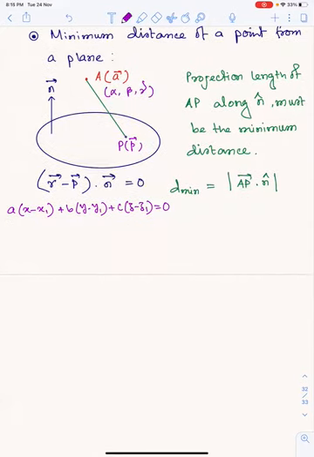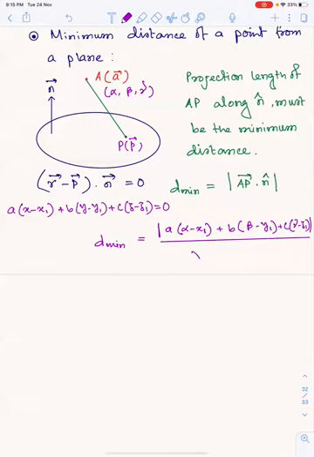So as per this description, we will have the minimum distance equal to modulus of a into alpha minus x1 plus b into beta minus y1 plus c into gamma minus z1, divided by root over a square plus b square plus c square.